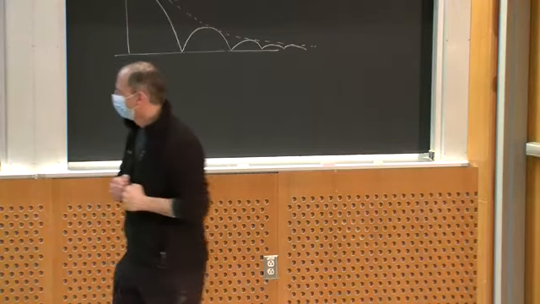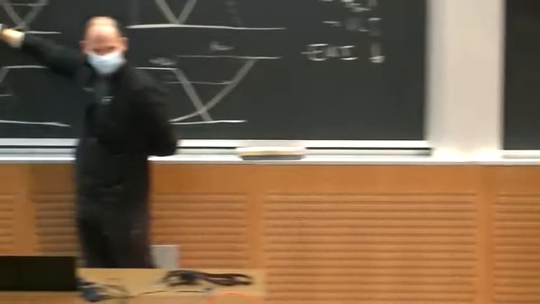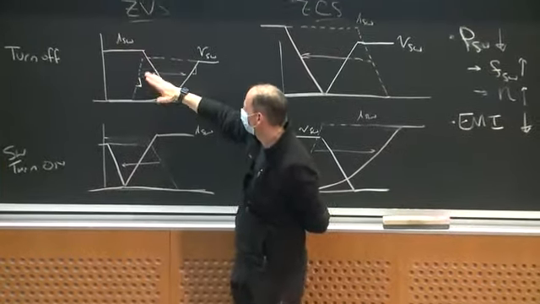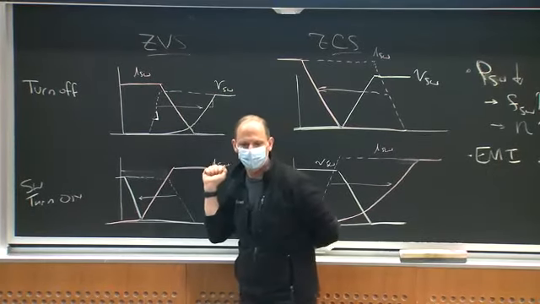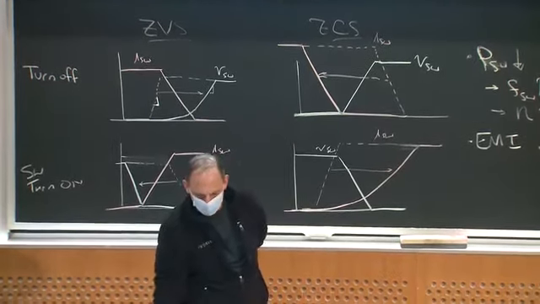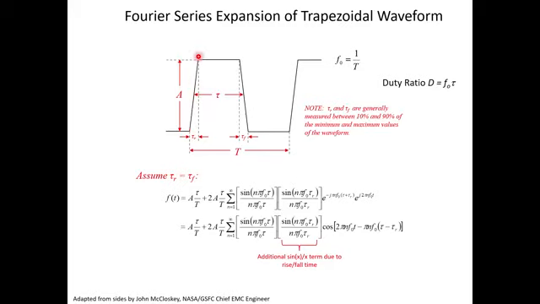This would be exactly the impact of, instead of really hard and fast switching transitions, maybe I put a capacitor across my device that limited the dV/dt to a reduced value. Maybe this would instead turn into some kind of trapezoid waveform. And what I get is this second sinc function factor, which is related to the percentage of time it spends rising and falling. Does that make sense to everybody?